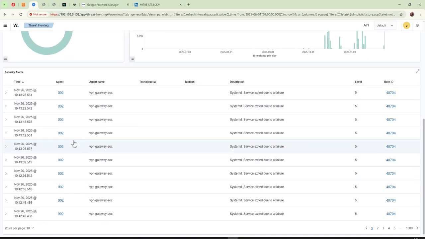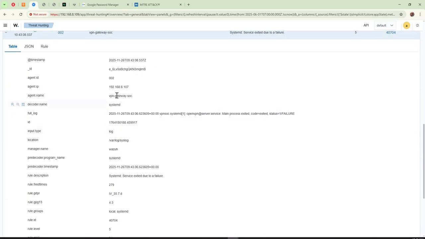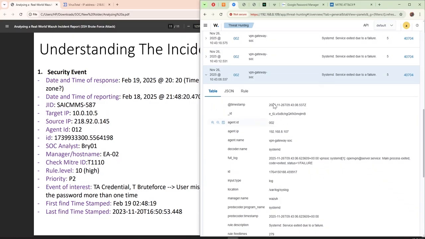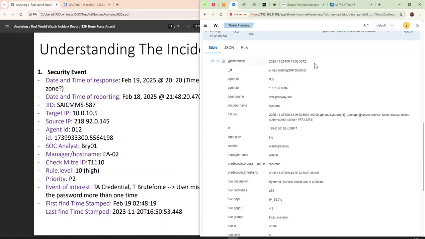Okay, so let's pick one. So I picked one and the log came up. So we could see the timestamp. We can see the underscore ID.